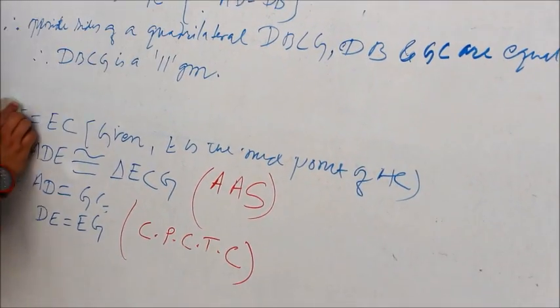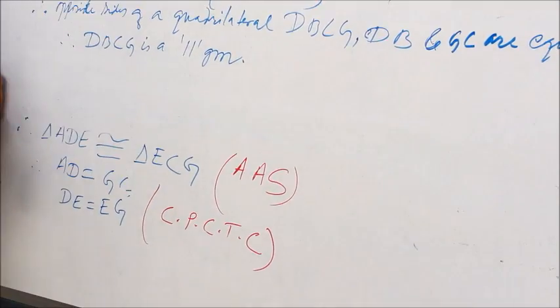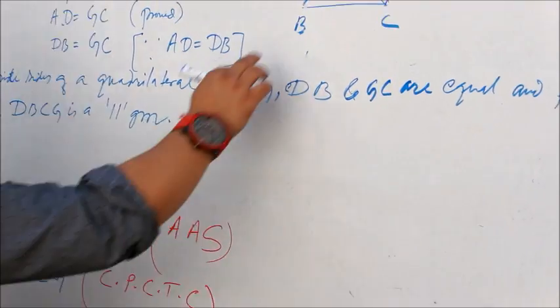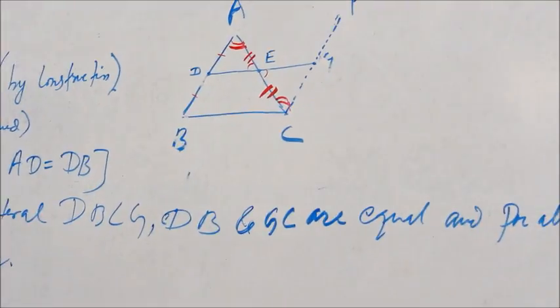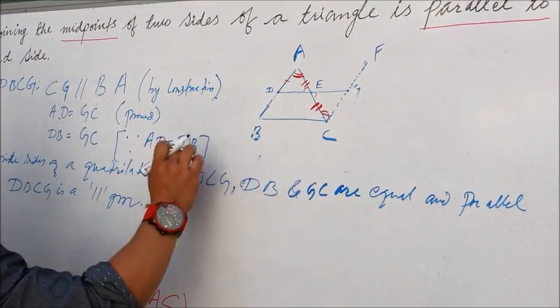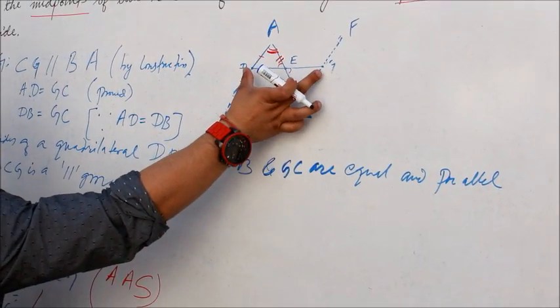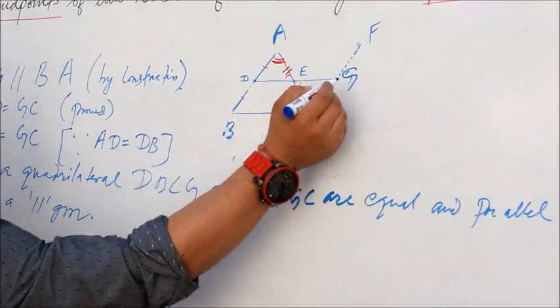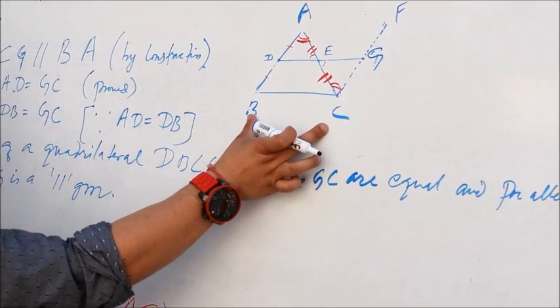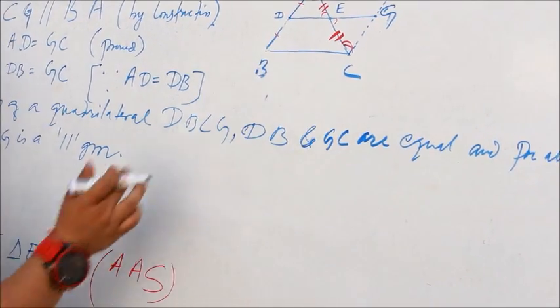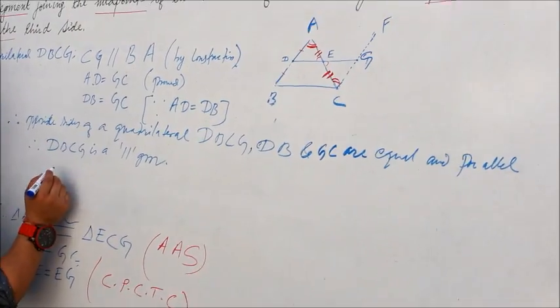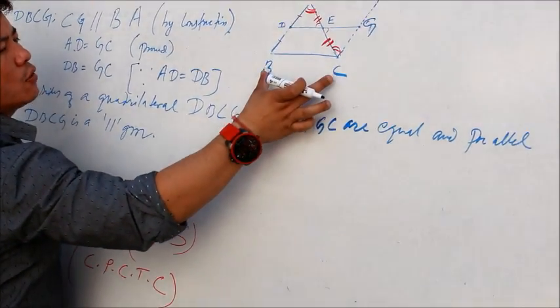Now we are at the end of the proof. If DBCG is a parallelogram, then opposite sides are equal. Similarly, we can say that DG is equal to BC, and also DG is parallel to BC.